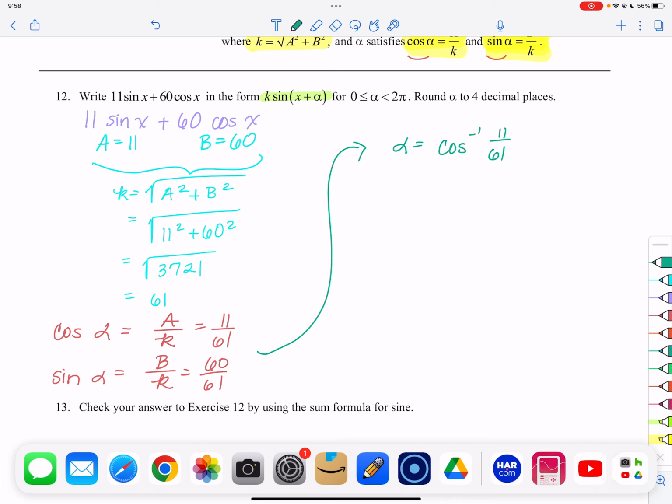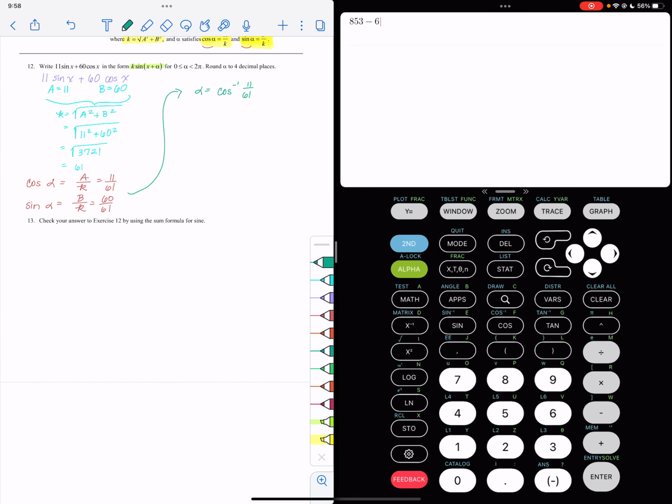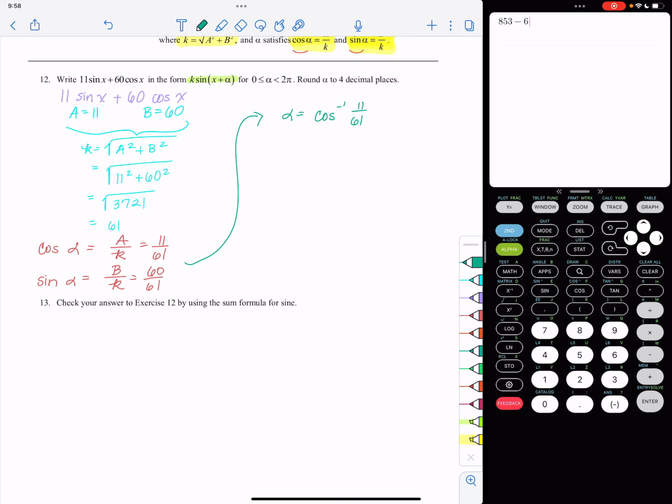And if we go ahead and do that in our calculator, we come up with 1.3895, and we were asked to round to 4 decimal places. So alpha is approximately equal to 1.3895, since we're rounding.